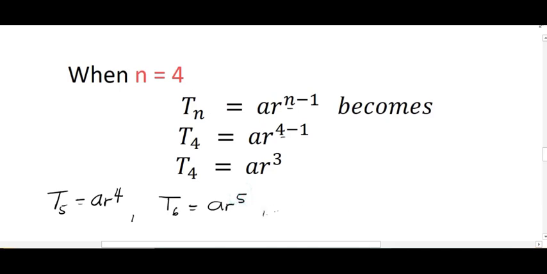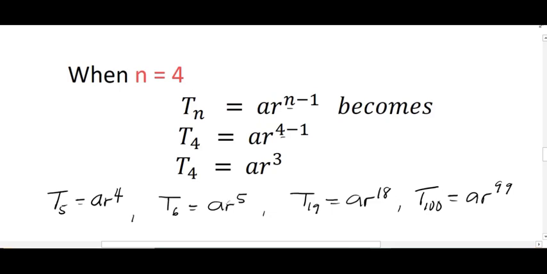For the seventh term, or we can just jump to the 19th term, it is equal to ar to the power of 18. We remove 1 from this as the formula denotes. Even if they ask you to get the 100th term, it should be equal to ar to the power of 99.